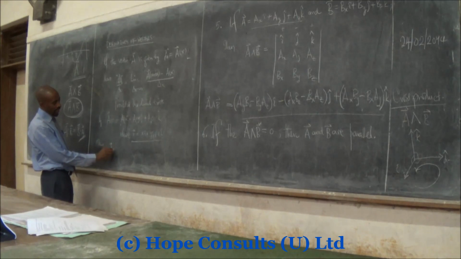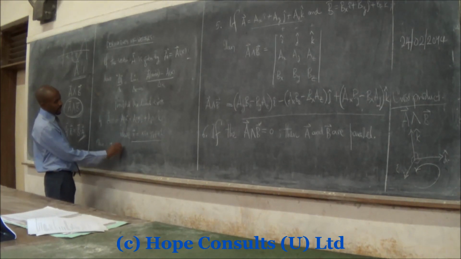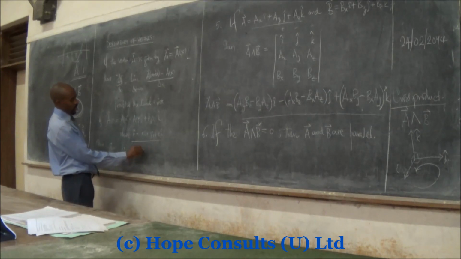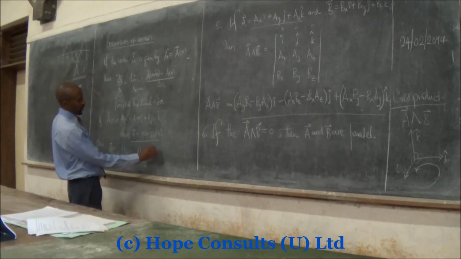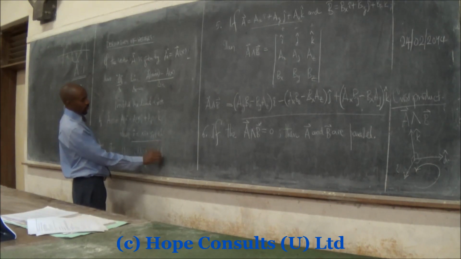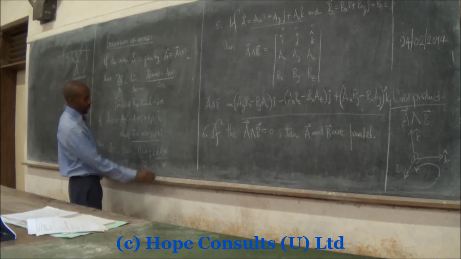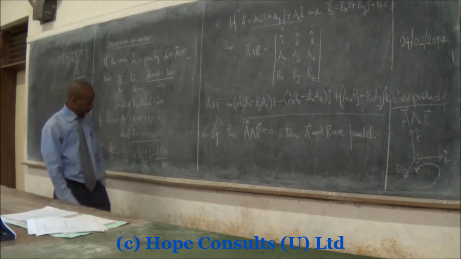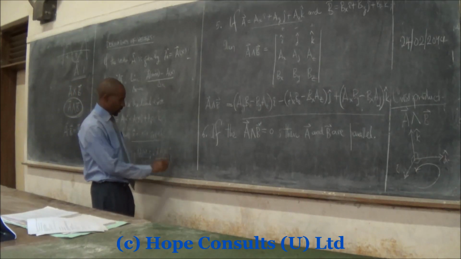So this would be dA dr being the same as dA1x dx i plus dA2y dy j plus dA3z dz, and this should be along the k.